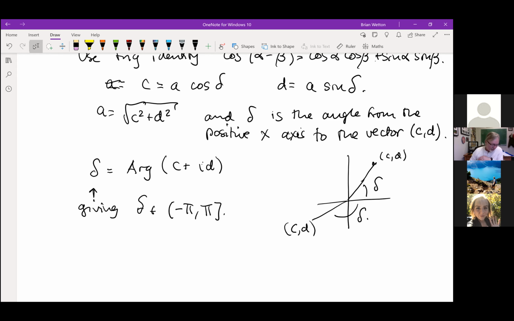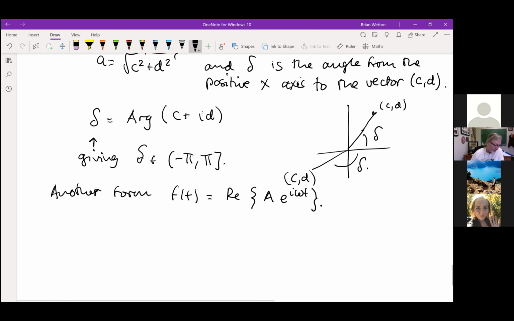Okay, so that's one form. Another form, and this is the complex form that has appeared in solutions. And what I encouraged you to use, because it simplifies the algebra in many cases, is the real part of something that has a complex amplitude, e to the i omega t, right?